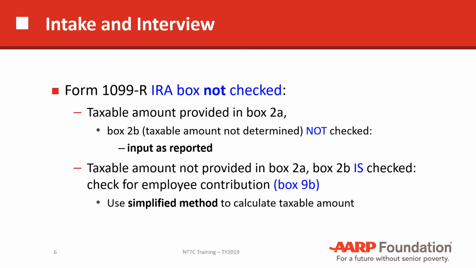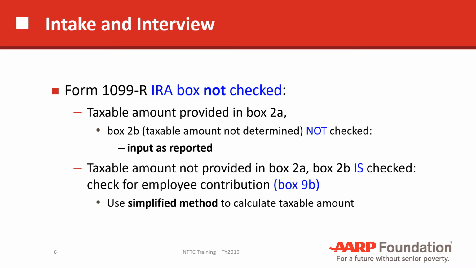So in the first case, the taxable amount is provided in box 2A. There is an amount there. But then when you look at box 2B, which is a checkbox, you notice that the checkbox is not checked. Now that checkbox, box 2B, is for the taxable amount not determined.